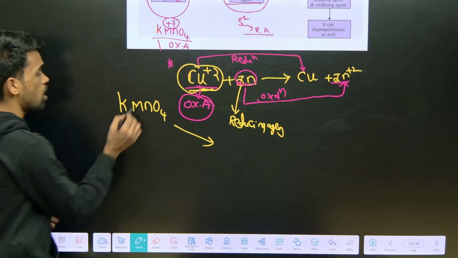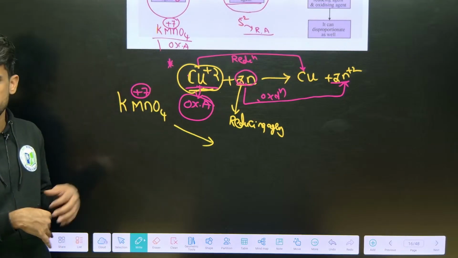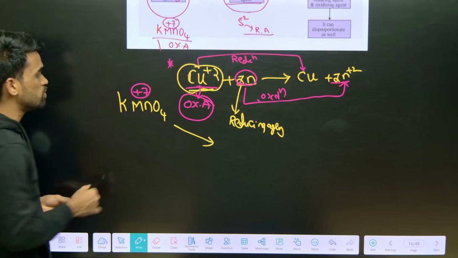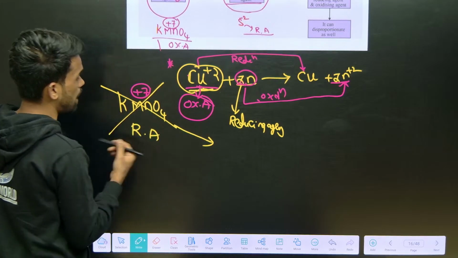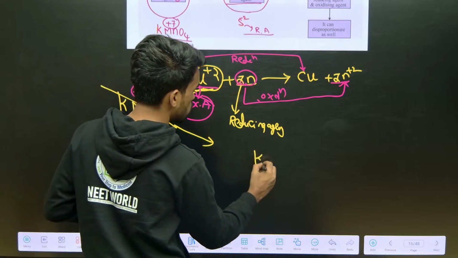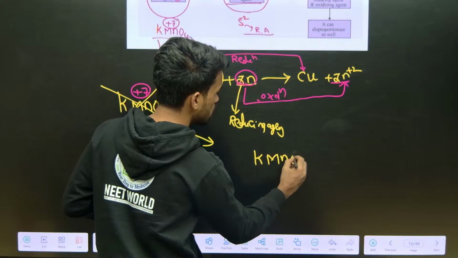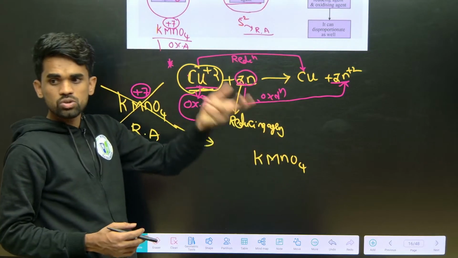If a species is already in its maximum oxidation state, how will it undergo further oxidation? Not possible. So KMnO4 cannot act as a reducing agent, but it can act as an oxidizing agent. Why? Because if KMnO4 is an oxidizing agent, it oxidizes others and reduces itself.